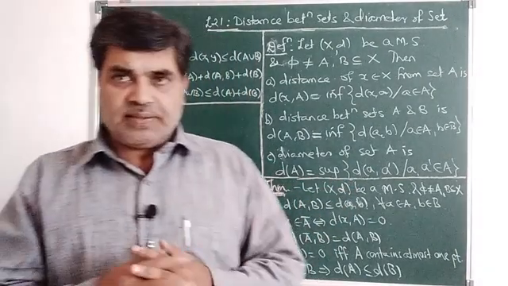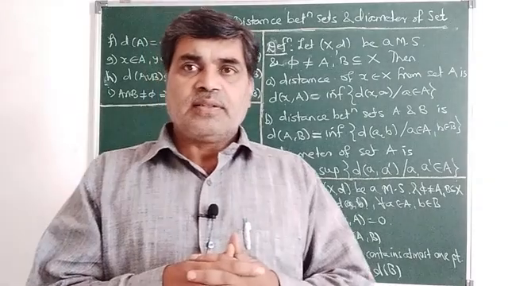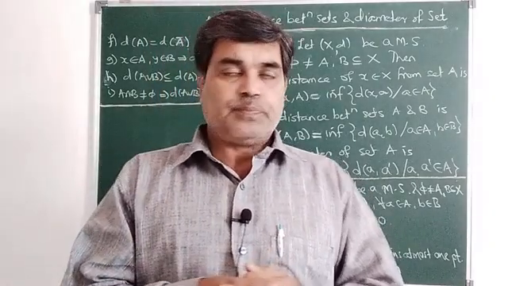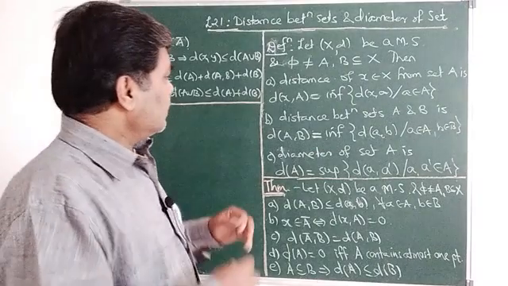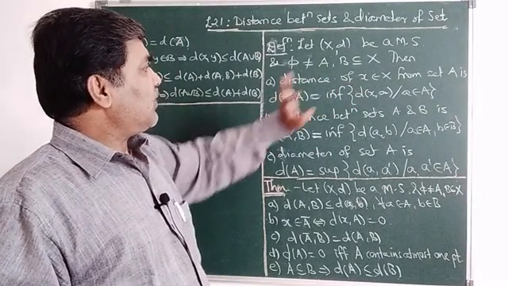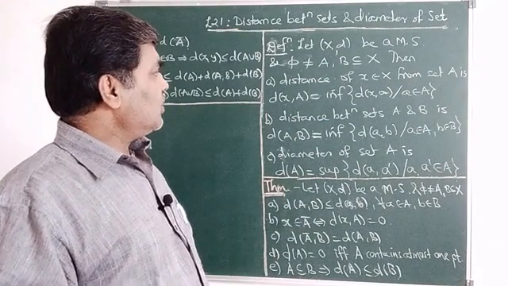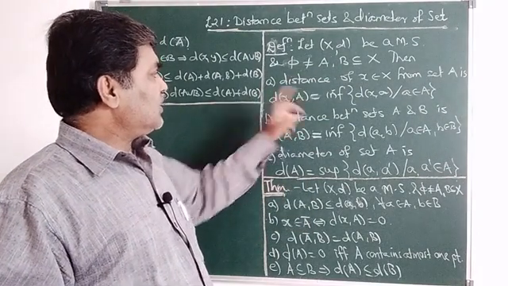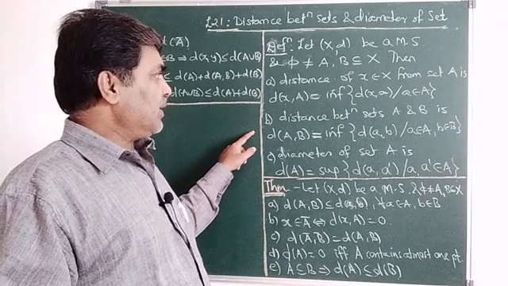Diameter may be infinity. Is it clear? But the distance of x from a given set is always a finite number. Distance of a point from a given set is always a finite number.